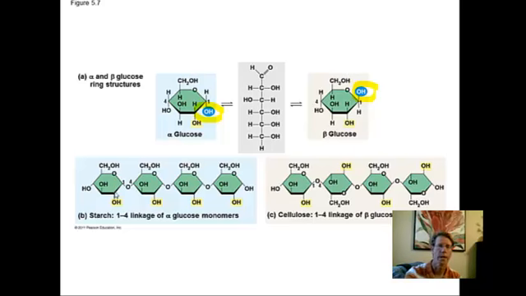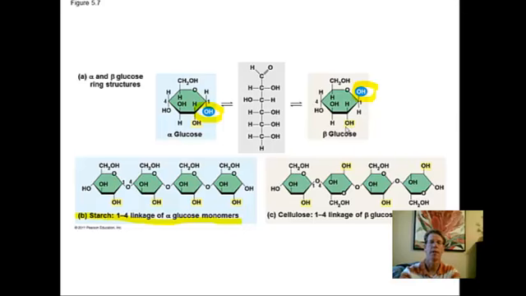So when we take these monomers and we start linking them together, we produce a polymer that is very loaded up with energy. This is your spaghetti, your pasta, that type of food group that is going to give you a lot of energy for competition once you get it digested.